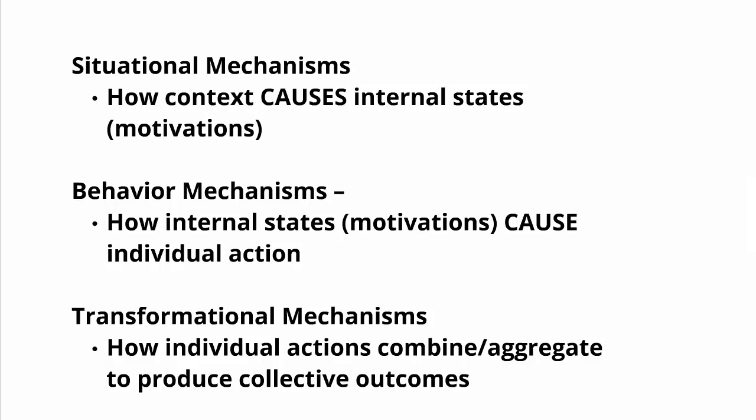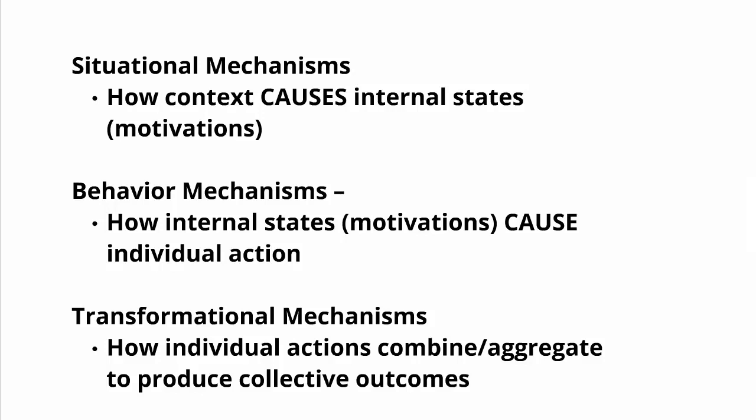The last one's slightly hard to understand. It's called the transformational mechanism. What we're looking at here is that when something happens, each one of us has our own internal state, our own behaviors, our own actions, but as many people start to do something, everybody's actions combine, and it can produce a problem, a mechanism there too.